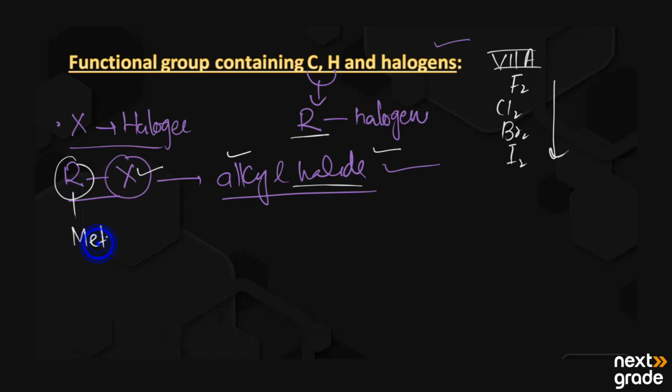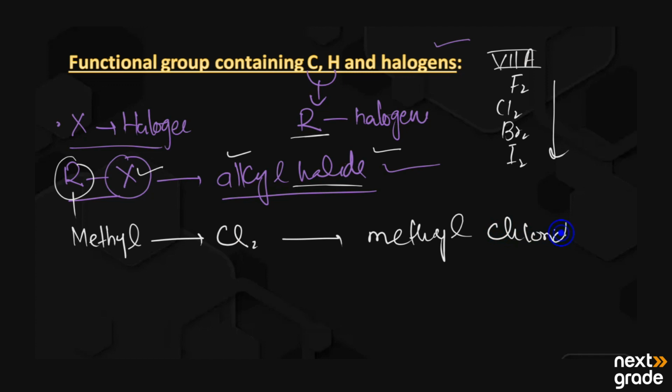For example, if we have methane or the methyl group, then by attaching it with chlorine, we get methyl chloride. The methyl group is CH3. By attaching it with the chlorine atom, we get CH3Cl. Now its name is methyl chloride.